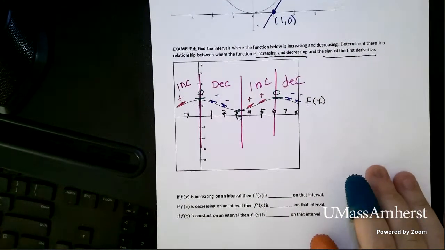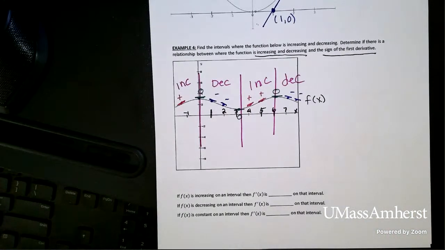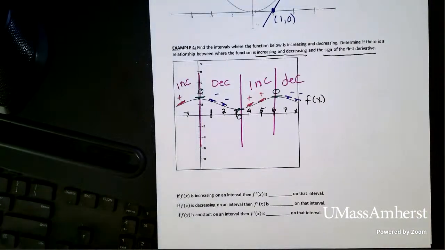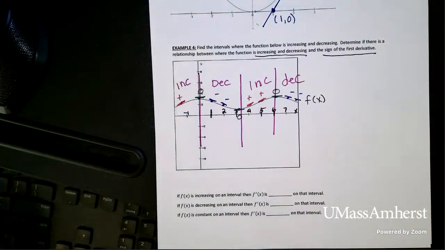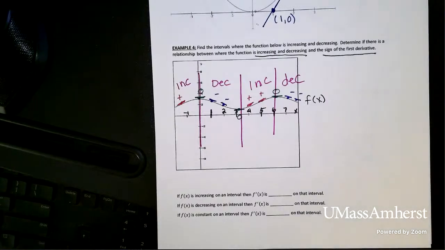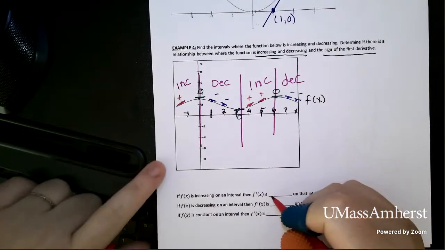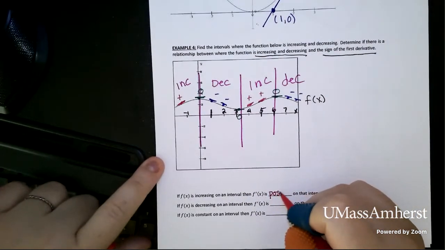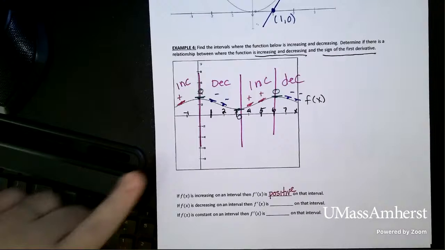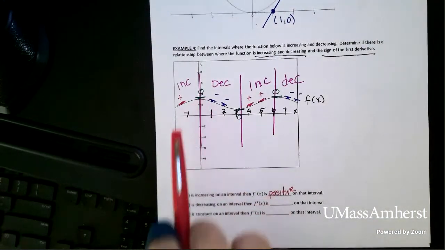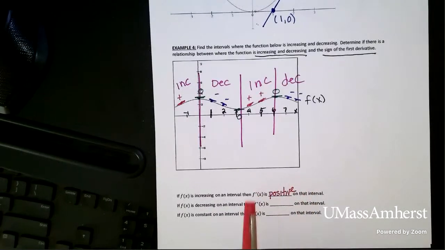So I can generalize this, because this will always be true, into the following statements. If f of x is increasing on an interval, so that means the function is going up from left to right, then the derivative is positive on that interval. Wherever my function's increasing, my derivative is positive.